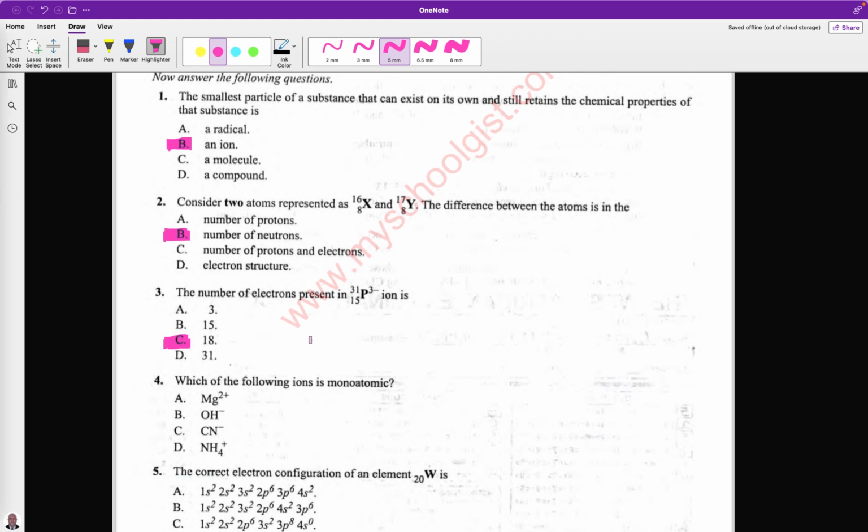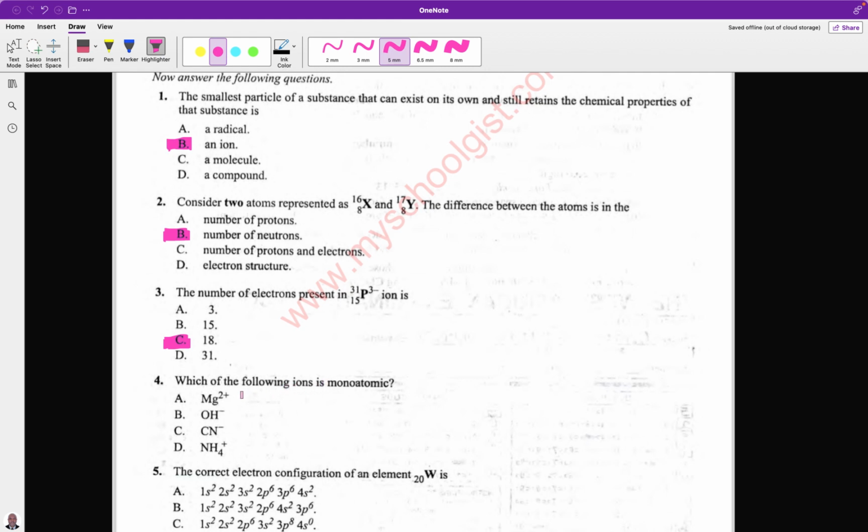Ion formed from a single atom. That's a monoatomic ion: an ion formed from a single atom, and the ion has a different number of protons and electrons. So which of the following ions is monoatomic?